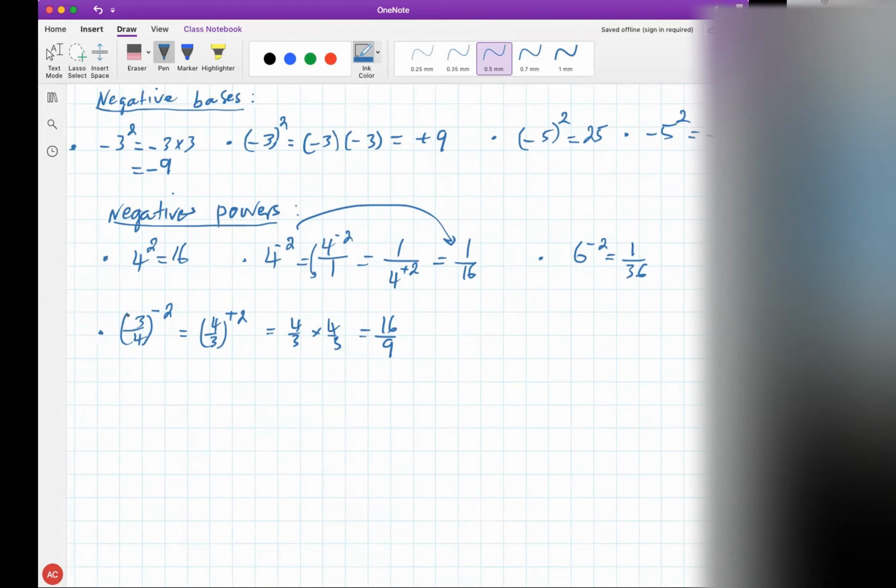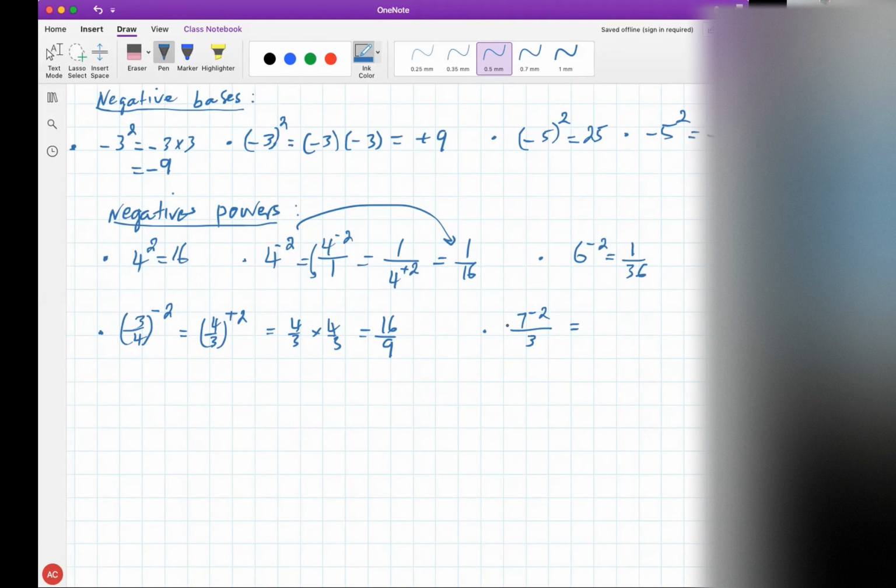Okay, let me give you another example. What if you have something like 7 to the power -2, over 3? What is the base of this power -2?